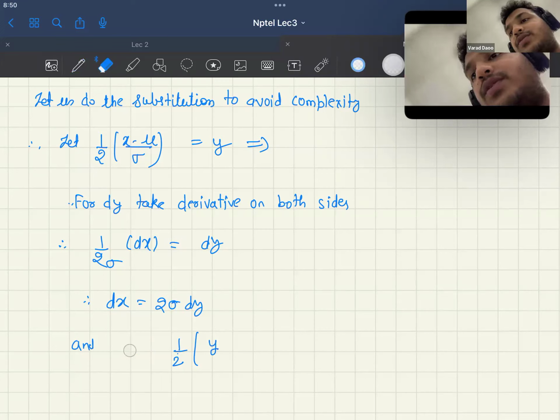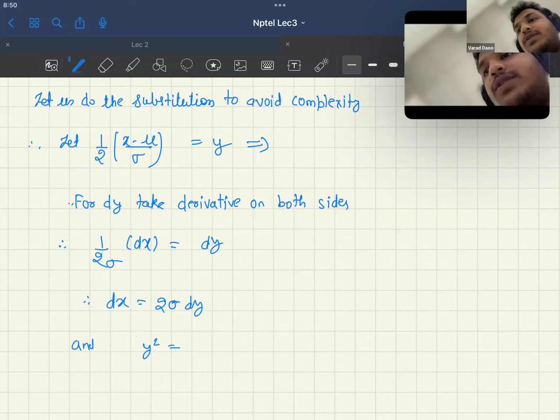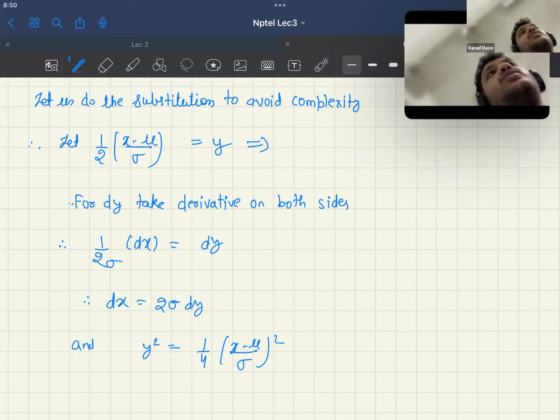So not x square, this is going to be y square. Y square is 1 by 4 x minus mu by sigma square, right?